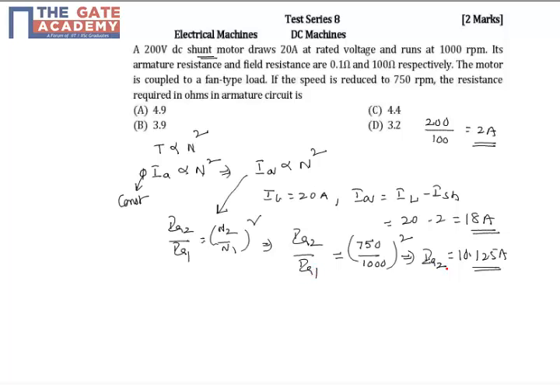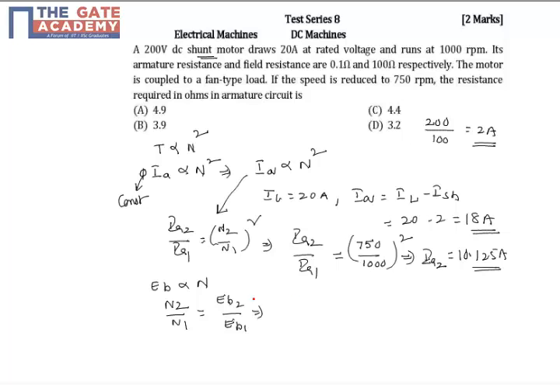Once you find Ia2, we know that the speed is proportional to back EMF. Sorry, back EMF is proportional to speed. So N2 by N1 is equal to EB2 by EB1.